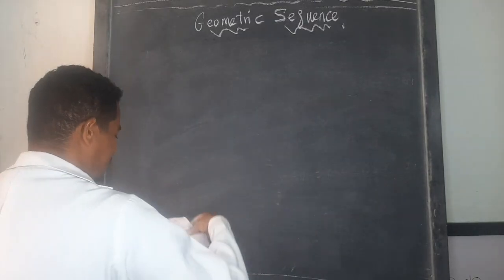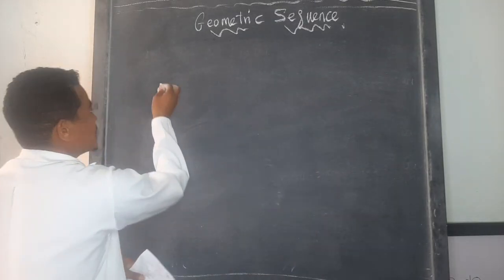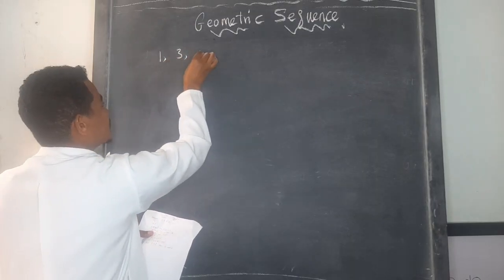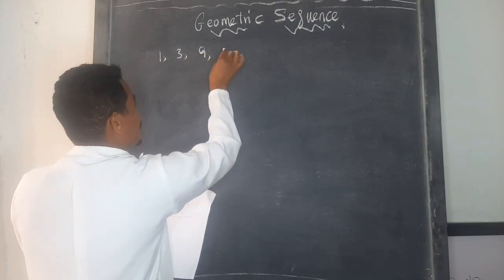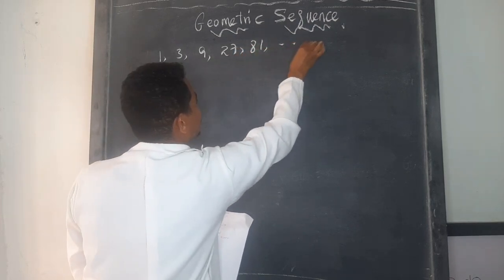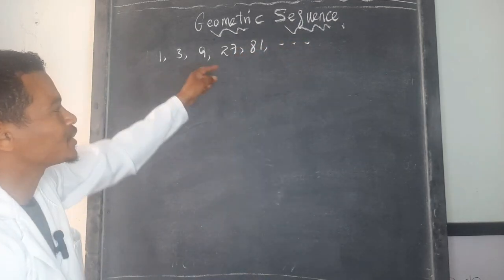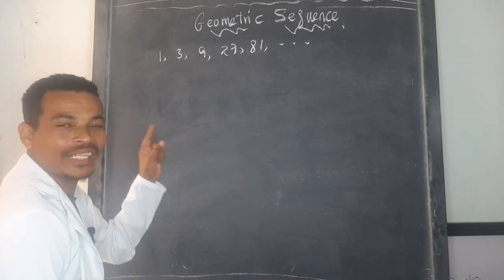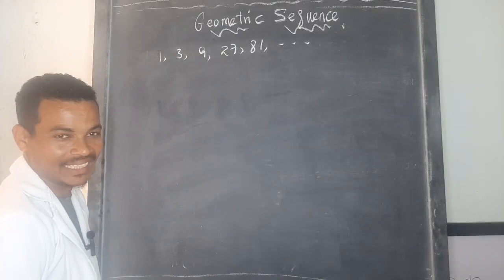For example, let the sequence be 1, 3, 9, 27, 81, and so on. Find the nth term of this sequence. The first step is to identify what kind of sequence it is.